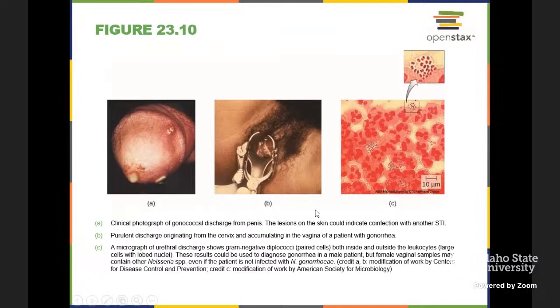So we could see discharge in both sexes. It looks like potentially maybe something else going on. Maybe, all right, the lesions indicating another, right? Maybe syphilis. We'll get to that in a second, all right?